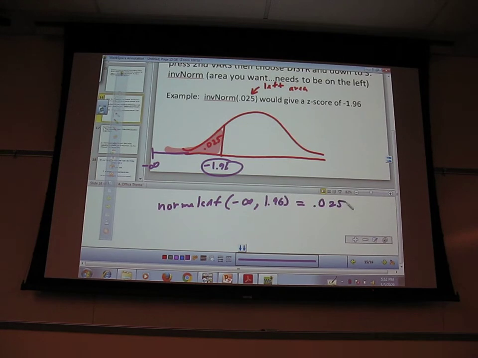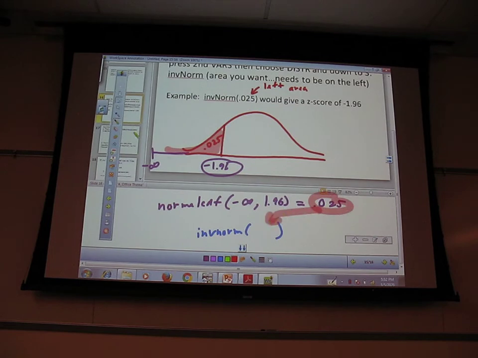And because of that, the inverse norm of that answer, 0.025, had darn well better give me negative 1.96, or there's something wrong.